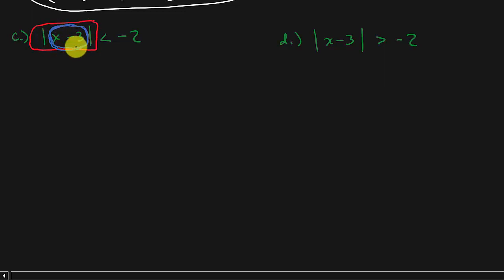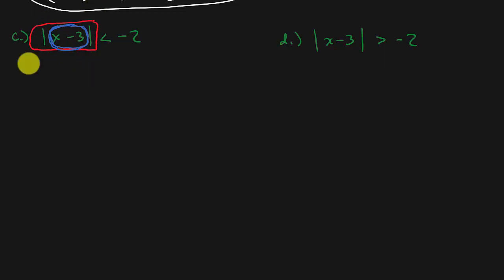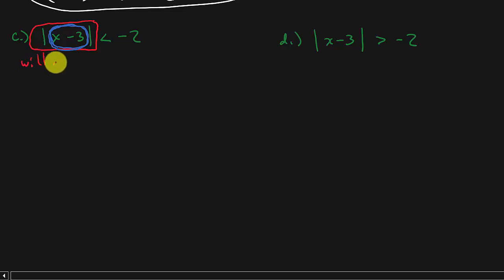Whether it's positive or negative, then we're going to take the absolute value. So this left-hand side will always be positive, right? So there's no way that it can ever be less than negative 2, right? And so this one has no solution because there's nothing that would work, all right?